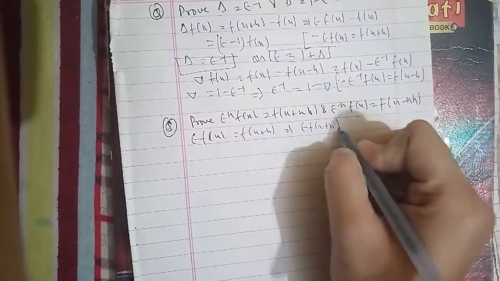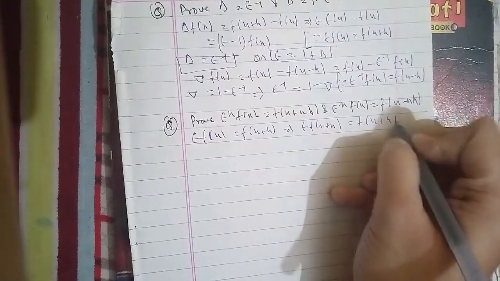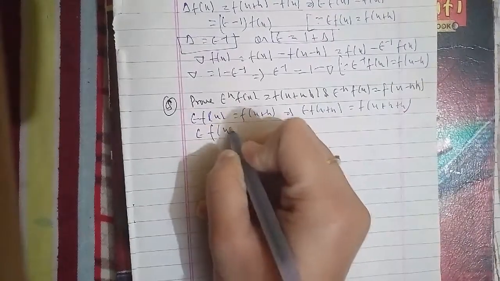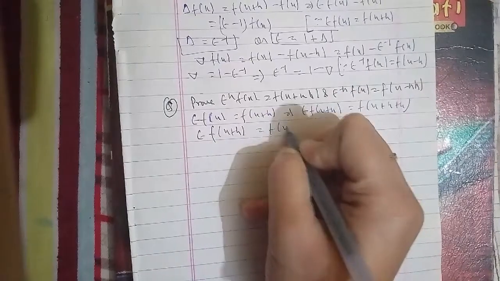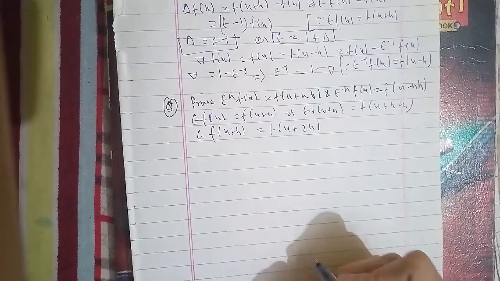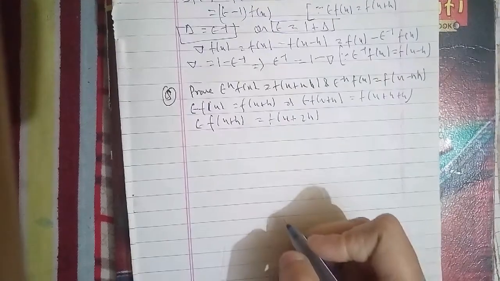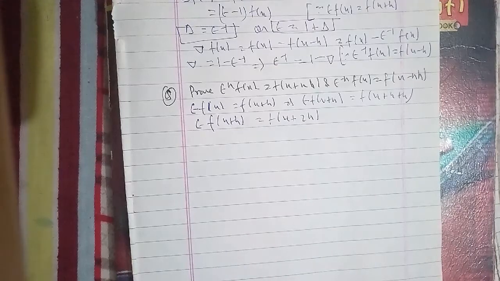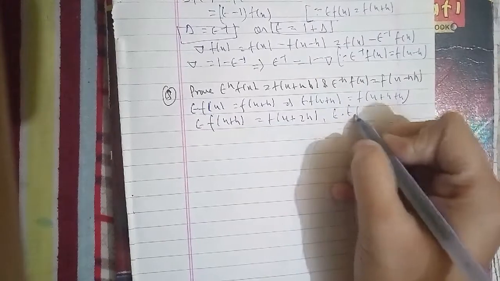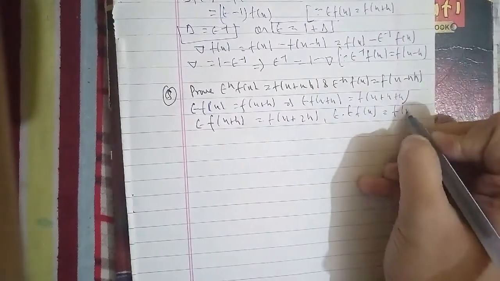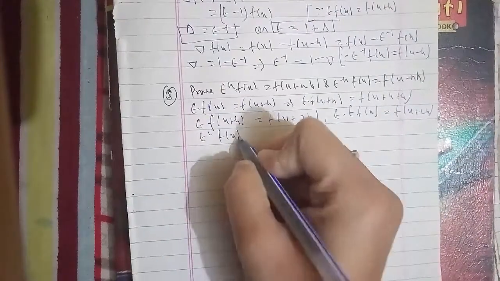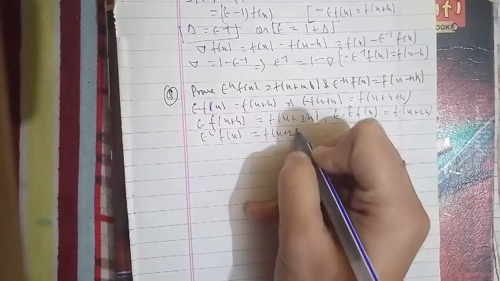f(x plus h) becomes f(x plus h plus h), so f(x plus h) equals f(x plus 2h). From equation 1 we know that f(x plus h) equals E f(x). Putting the value of x plus h in the above equation, we get E E f(x) equals f(x plus 2h), so E square f(x) equals f(x plus 2h).